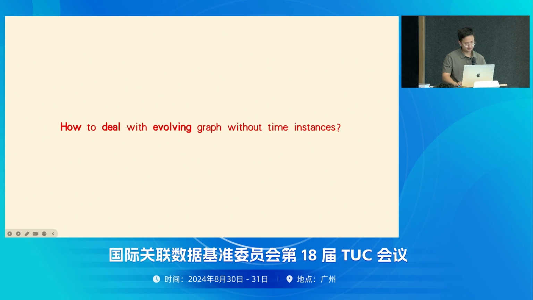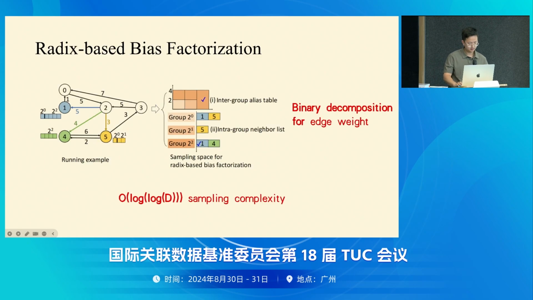Then, how to deal with the graph without time instance? We propose a radix-based bias factorization strategy which uses binary decomposition for each edge weight, and each weight will be divided into different nth powers of 2.